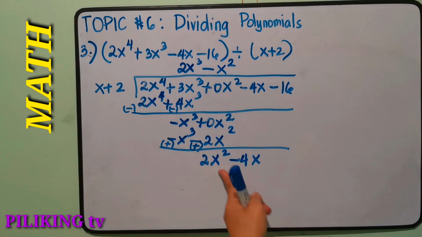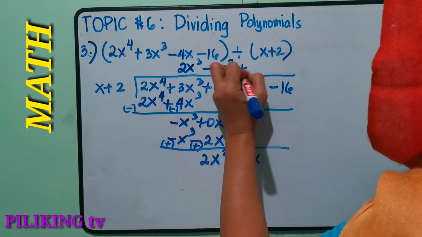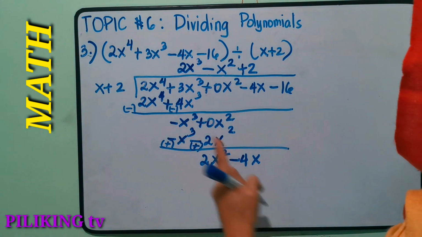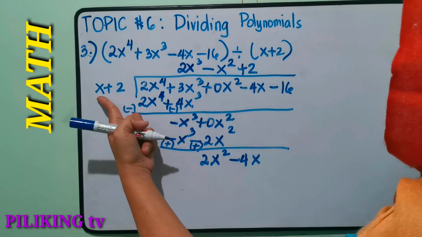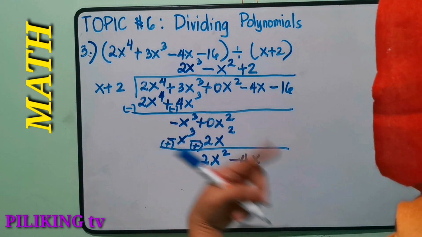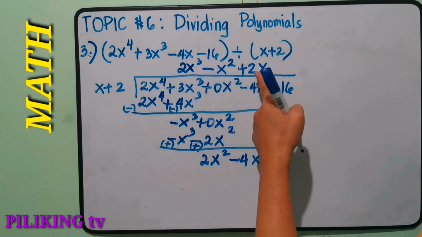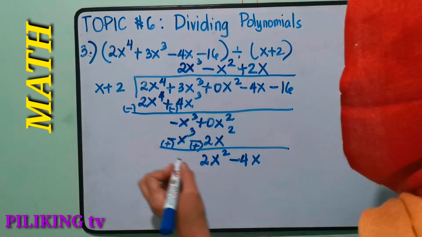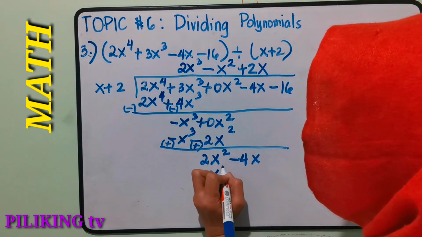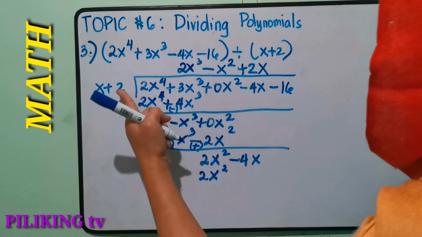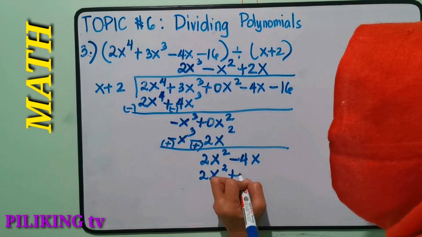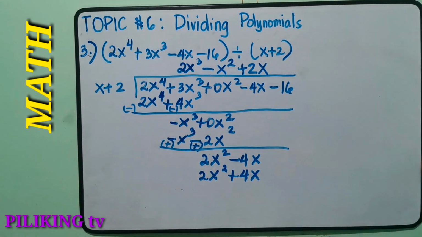Okay, divide now 2x squared by x. So we have positive 2. Then x squared divided by x, subtract the exponent. So 2 minus 1, that is x. So we have positive 2x. Then positive 2x, you multiply to x. That would be 2x squared. 2x times 2 would be positive 4x.